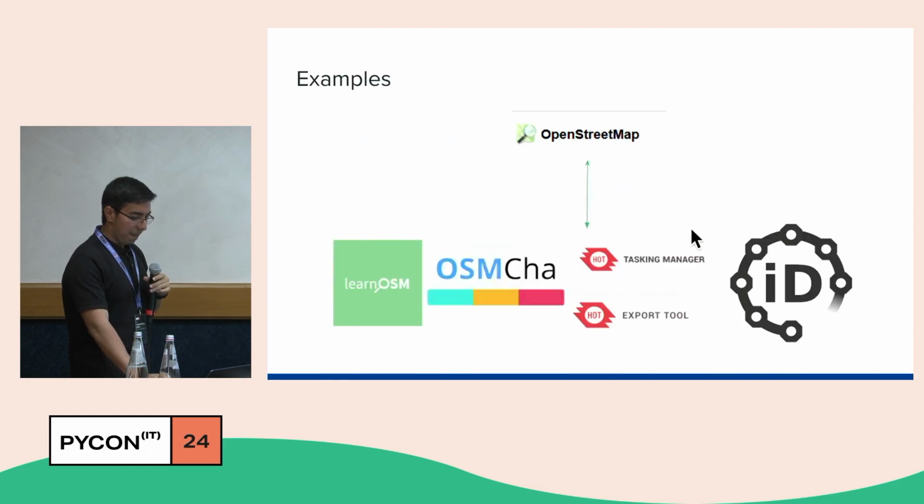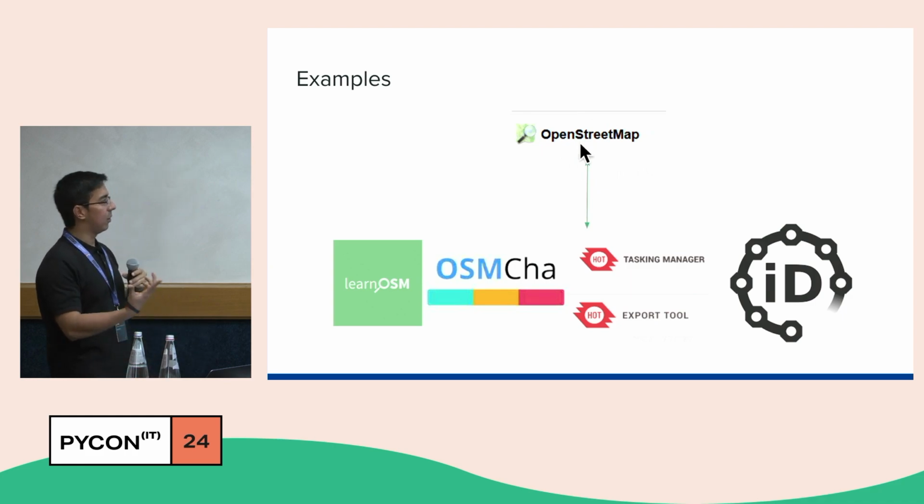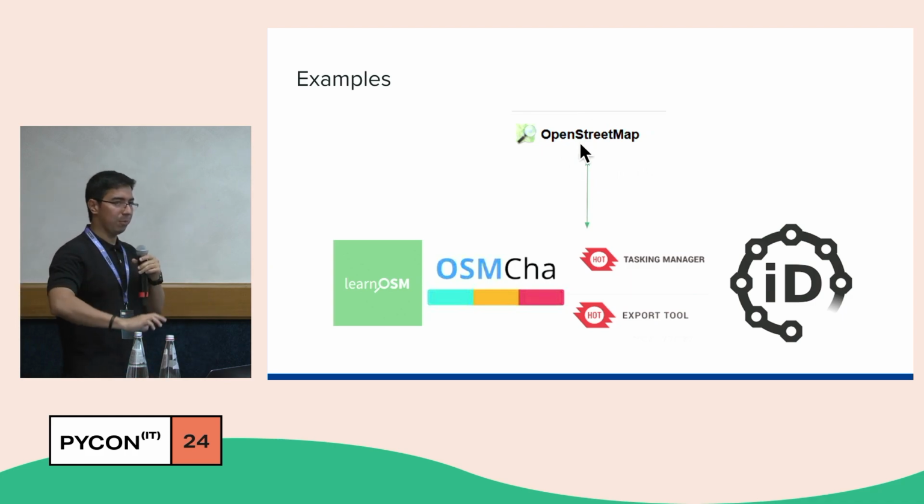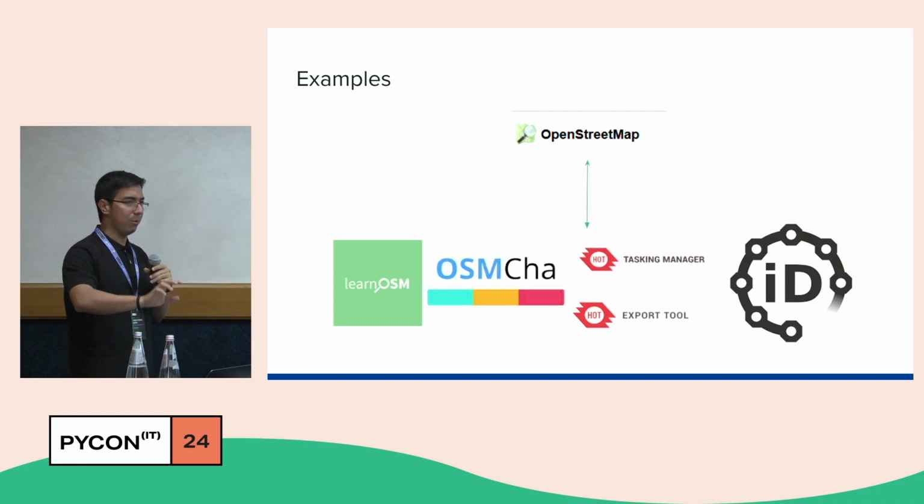And then some examples. I usually work with OpenStreetMap. It's a database of geospatial locations. You can get information about hospitals, points of interest, roads, and so on. And what happens is that there are many applications that were created, and these applications can access OpenStreetMap as the user database. These apps can be from different developers accessing the user database.